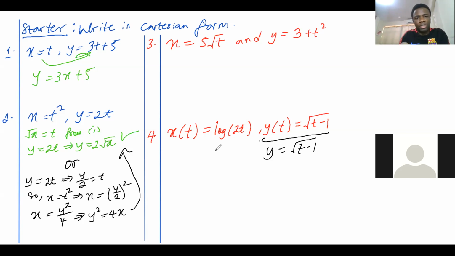So if we make t the subject here, x over 5 is equal to root t, and that implies that x squared over 25 equals t. Now, I need t squared, I don't need t, right?